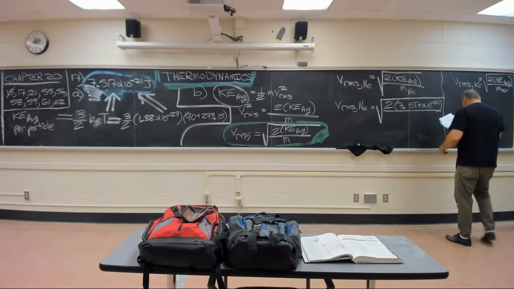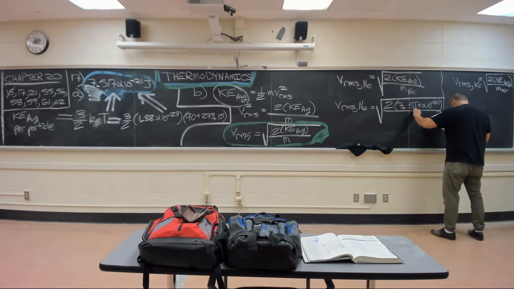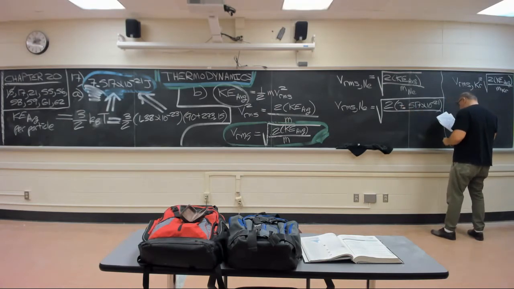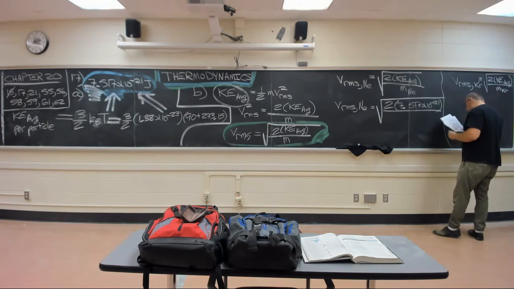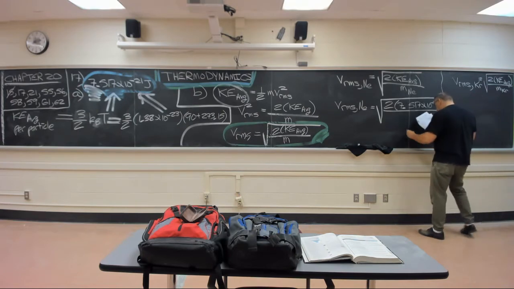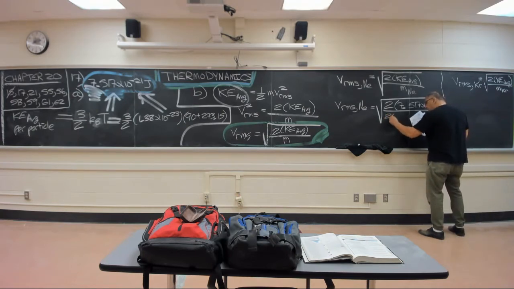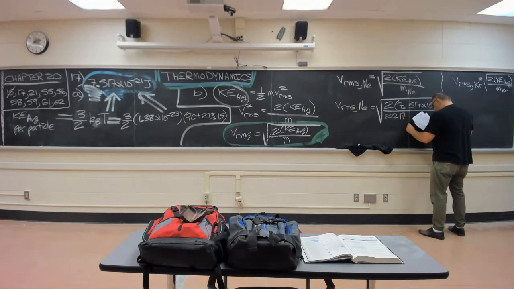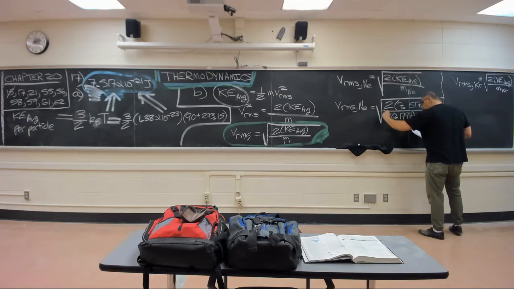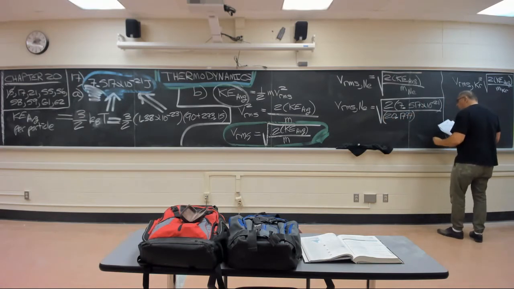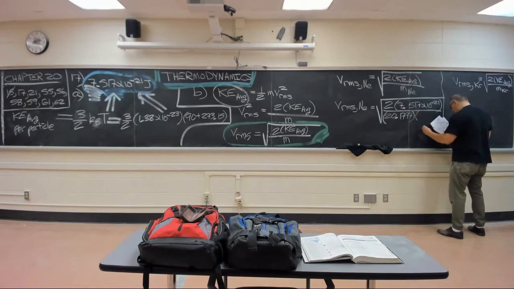I'm sorry, forgive me. This was the same for both. You multiply by 2. The atomic mass is this many units of atomic mass, 20.97. Each single unit of atomic mass is roughly the mass of a proton.